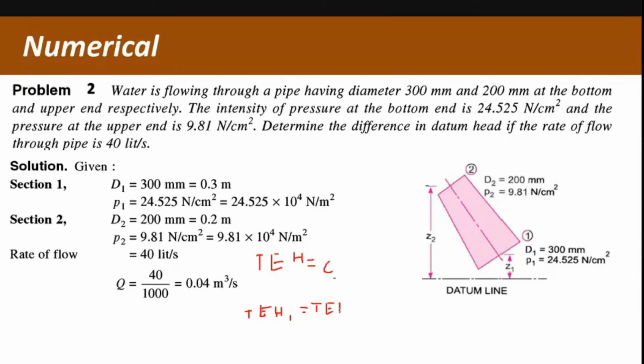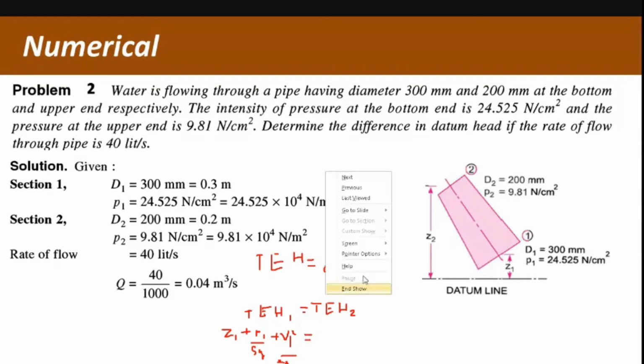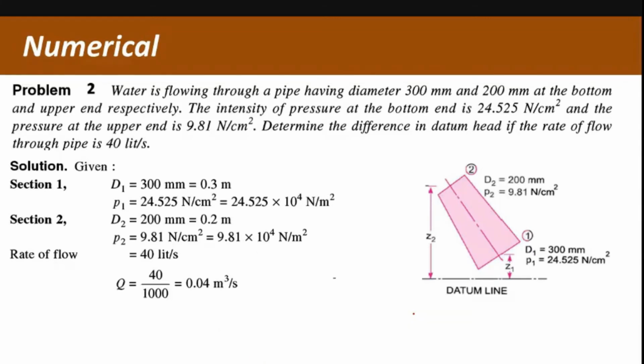Total energy head is the sum of datum head Z1 plus pressure head P1 by rho g plus velocity head V1 square by 2g at section 1. So Z1 plus P1 by rho g plus V1 square by 2g equals Z2 plus P2 by rho g plus V2 square by 2g. So we only have to put in the values.